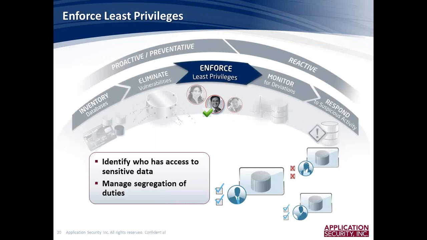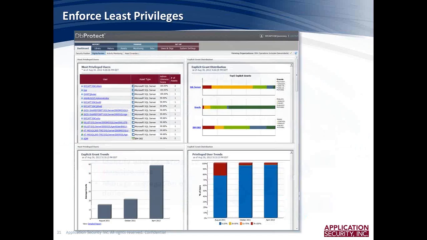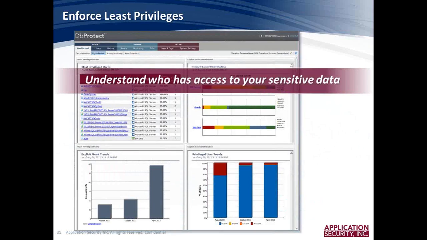Now the next step is to enforce least privileges. So that means understanding who has access to powerful functionality, who can see sensitive data, and starting to manage segregation of duties. DB Protect will scan your databases and analyze the access controls in your databases to identify and examine user rights. Who's a privileged user? Who's got access to sensitive data?